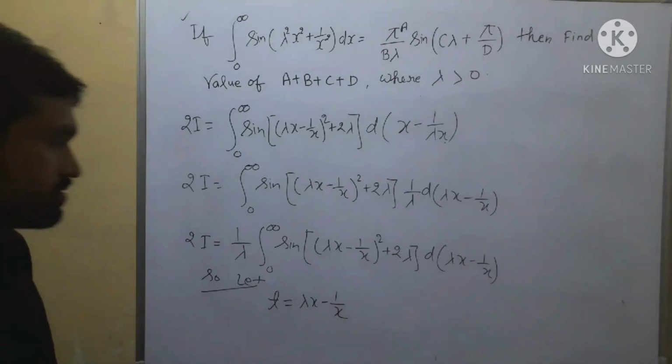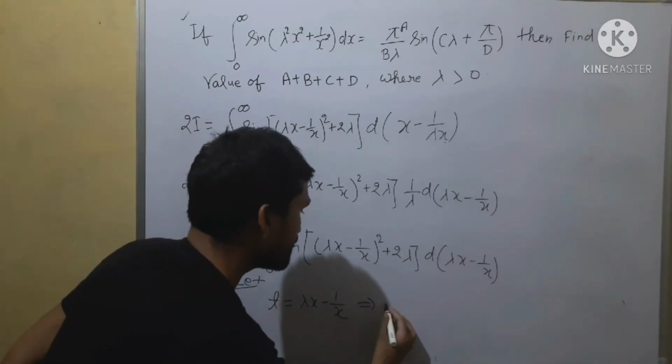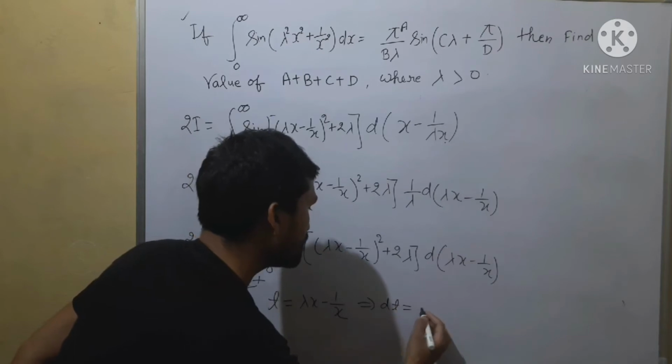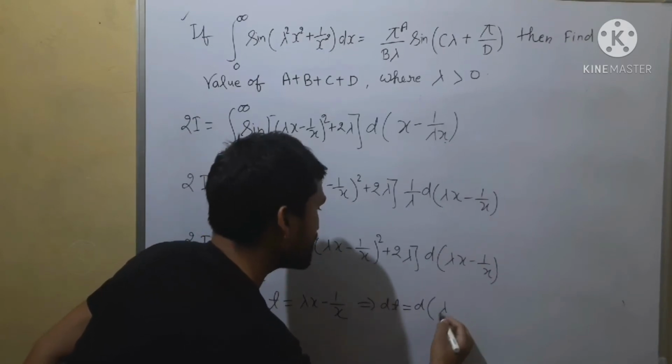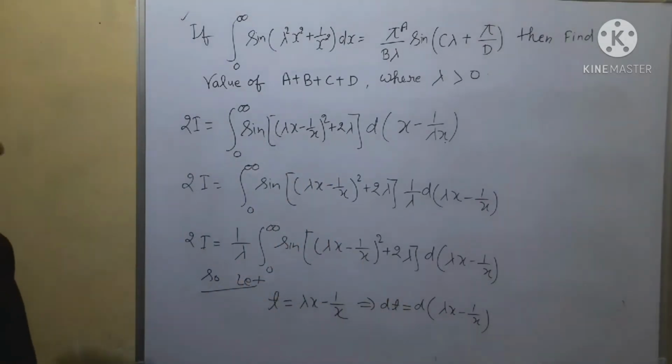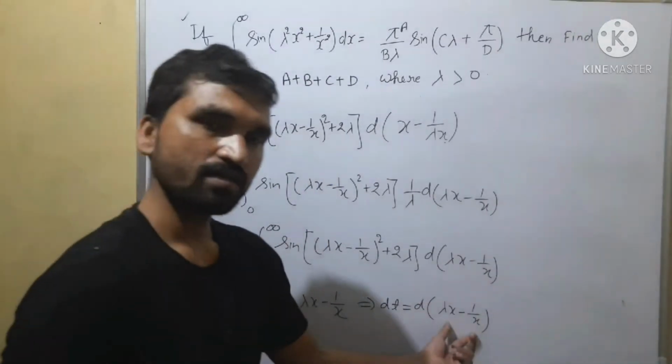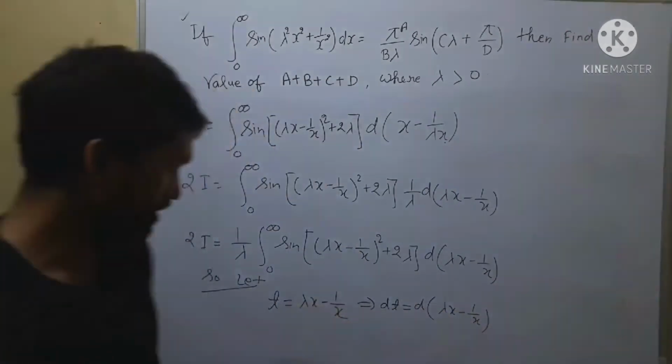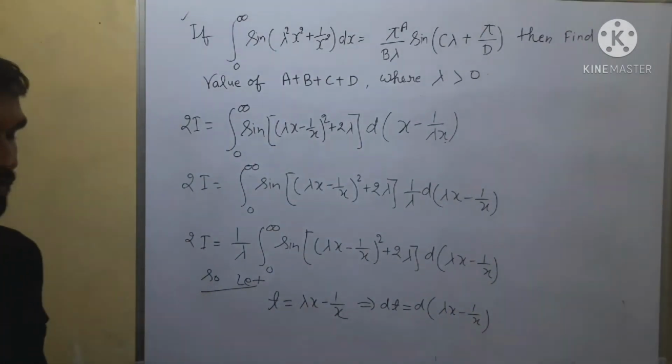So it implies that dt will be what? dt will be d of (lambda x minus 1 by x). No doubt here. And now we should discuss the limit.